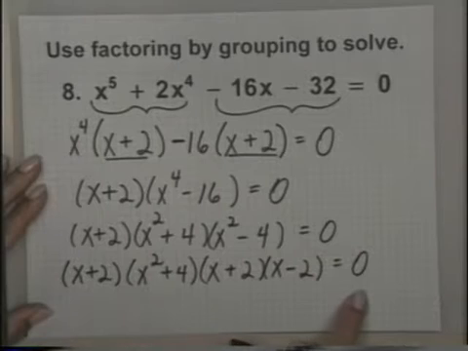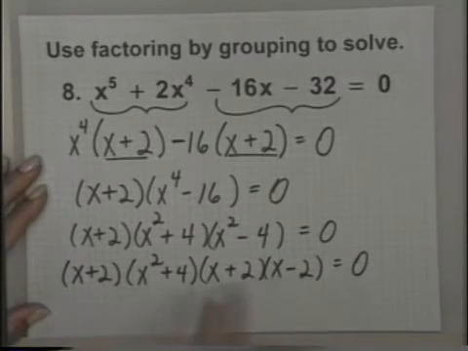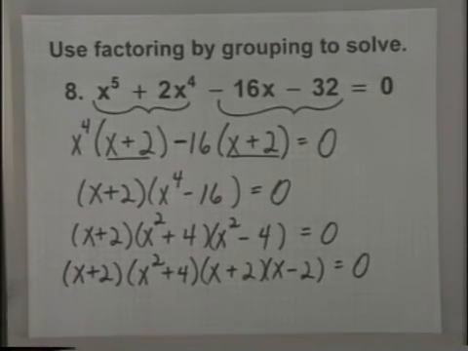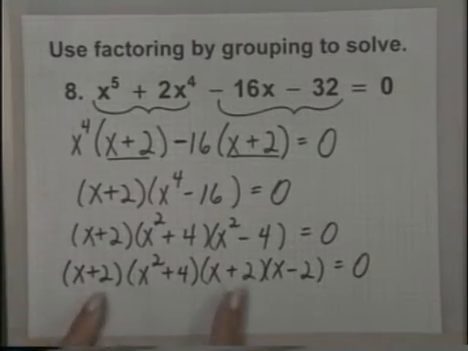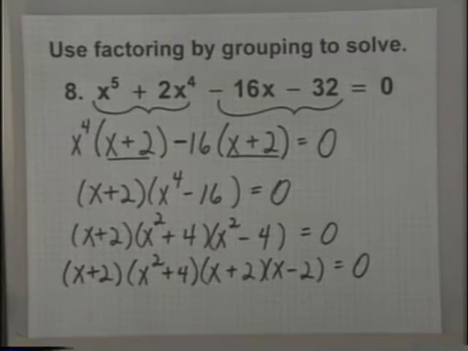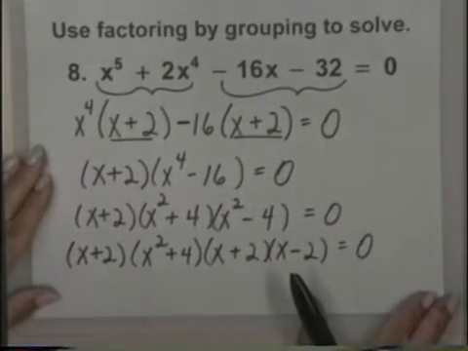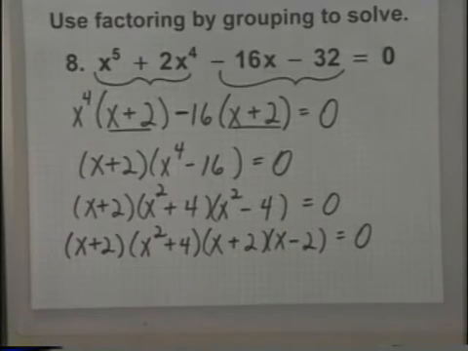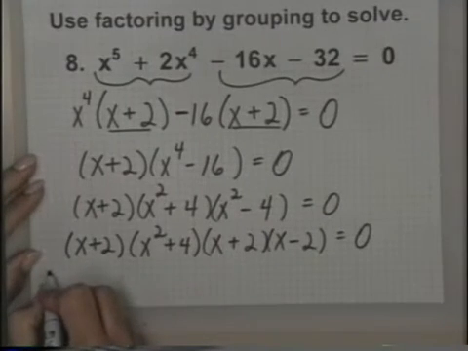Now, what about my factors on the left? Are they all prime? Well, the x plus 2 and x minus 2 are prime. So I now have 4 prime factors. Notice that these two are the same. Now, my zero product theorem says that I can set each of these factors equal to 0.